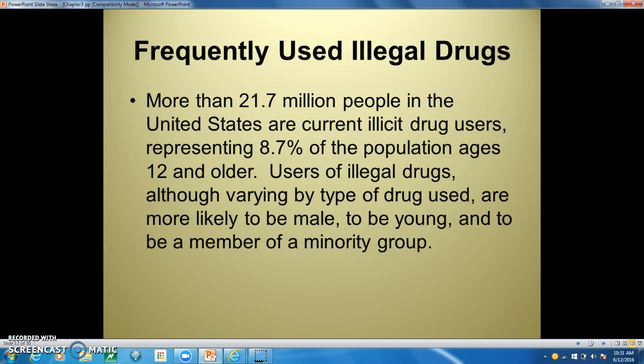Now, looking at the frequently used illegal drugs, more than 21.7 million people in the United States, and I want to say that 8.7% of those are age 12 and under, currently use illegal drugs.